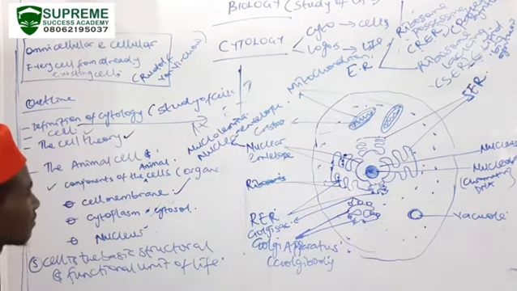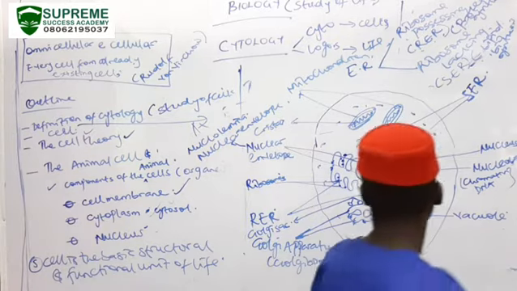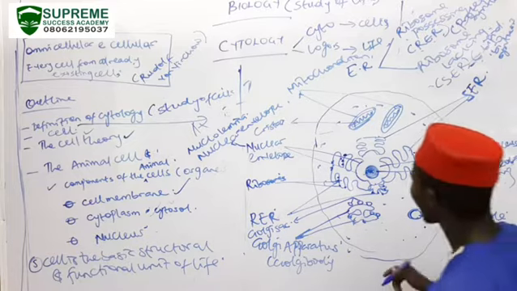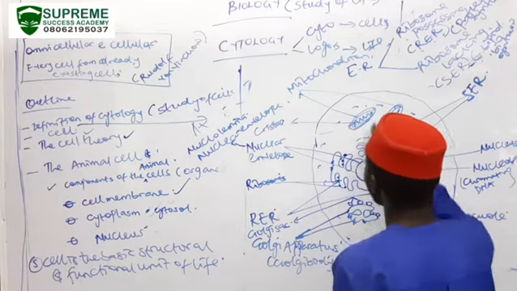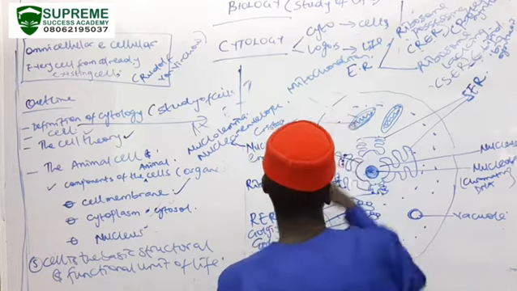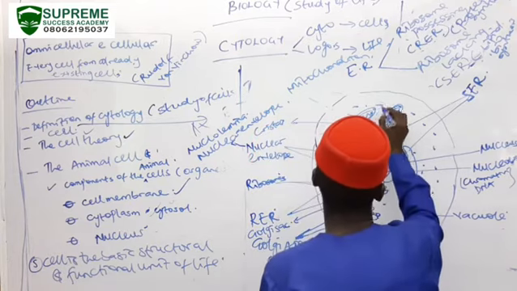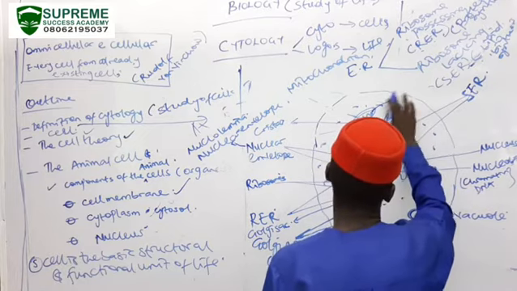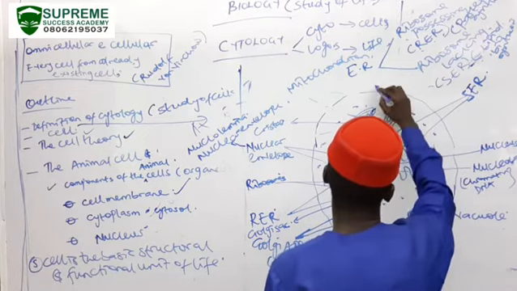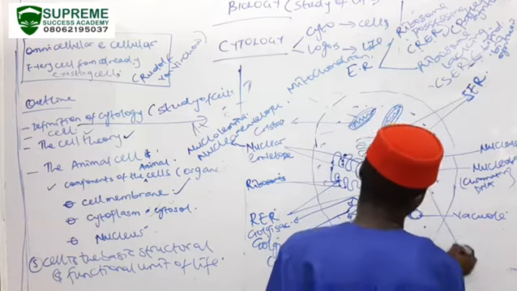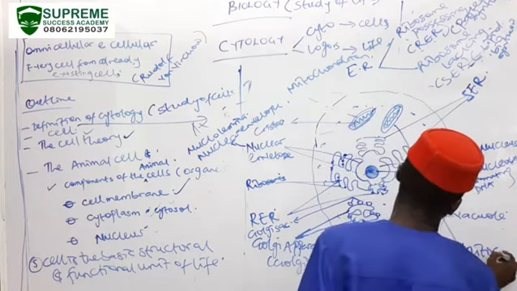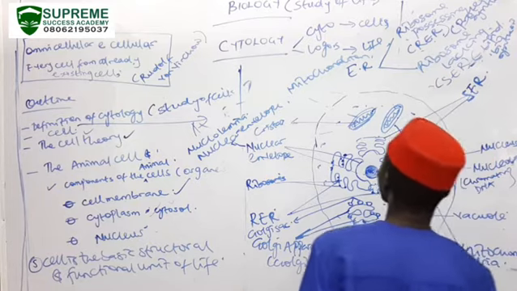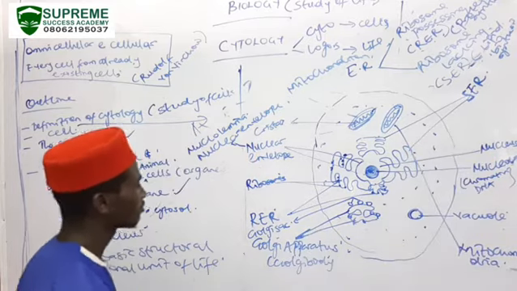So we could see the nucleus, the vacuole, and the mitochondria. Mitochondrion is singular, while mitochondria is plural.